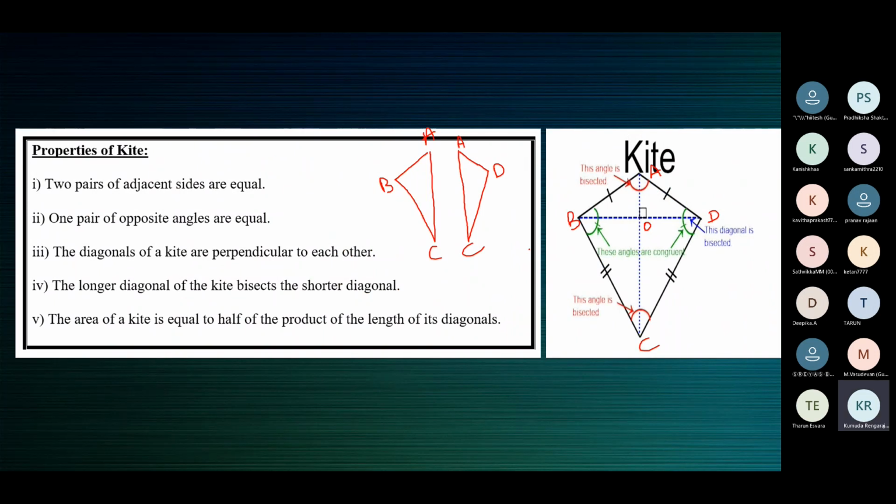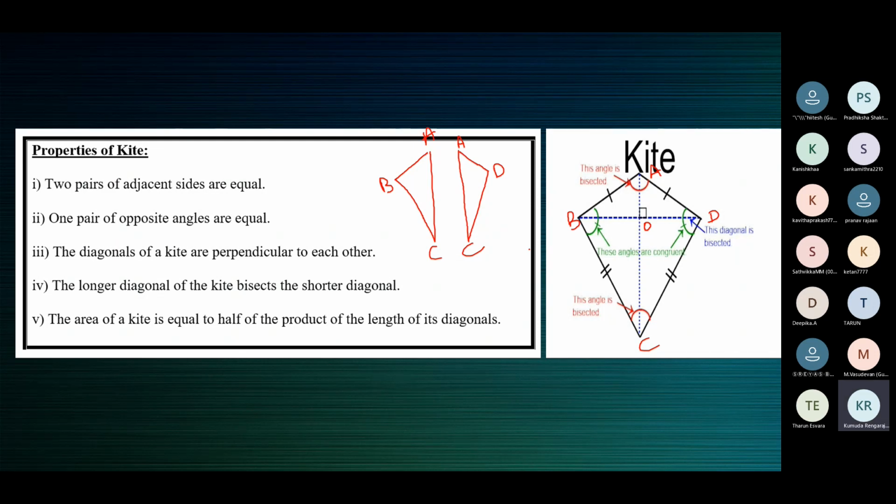Please go through the properties. Two pairs of adjacent sides are equal.